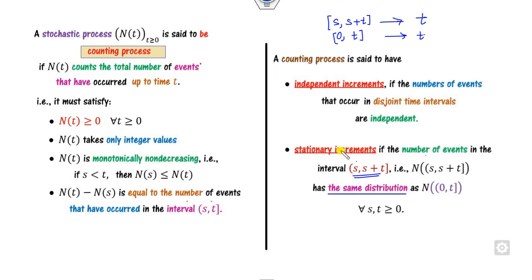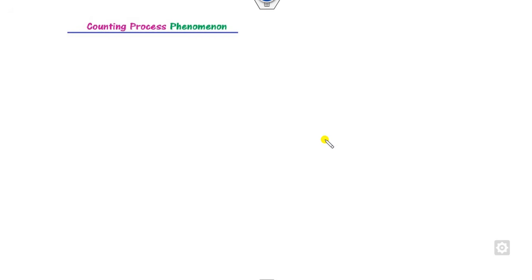Or in other words, N2 minus N1 has length 1, which is the same as N5 minus N4, because the length of 5 minus 4 is 1 and the length of 2 minus 1 is 1. Similarly, from s to s plus t the length is t, and it is again t. So whenever the increments follow the same distribution, we call it stationary increments.